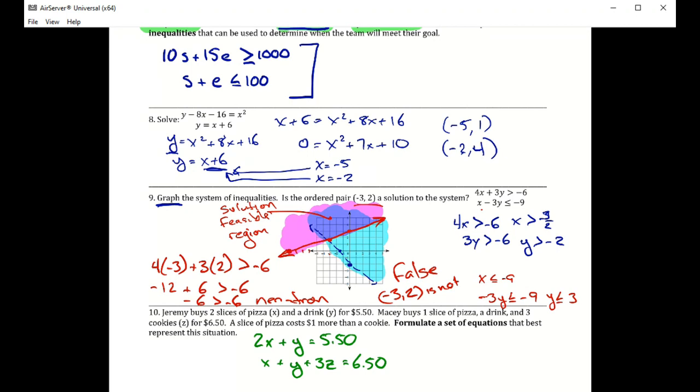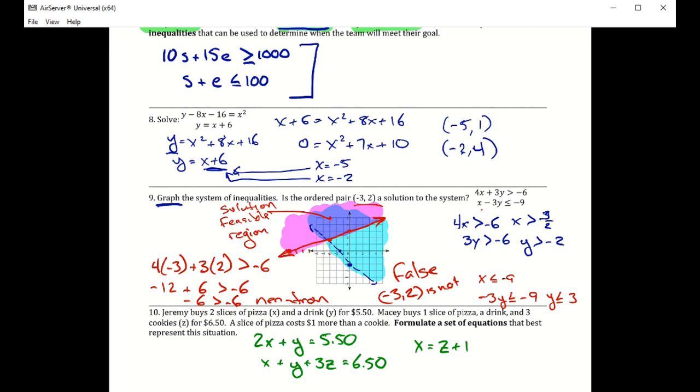There's a couple of different ways we could do this one. So we have our slice of pizza, and we're going to say it's equal to a cookie plus $1. Now we can double check this. If my cookie is $3, I add $1 to it and get 4. So my slice of pizza is $4. $4 is $1 more than $3, so we're good.